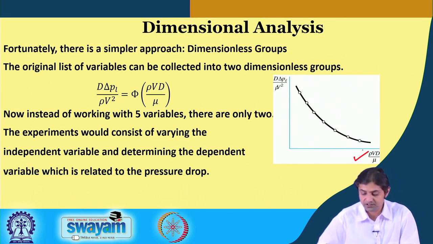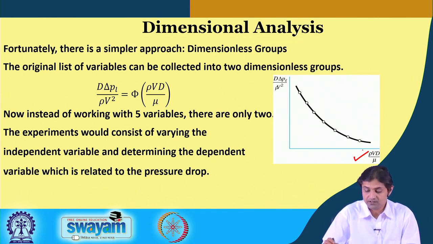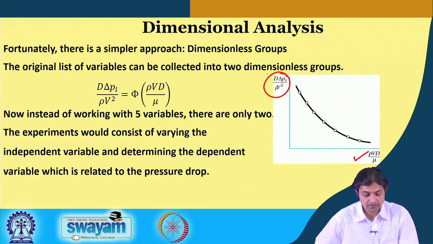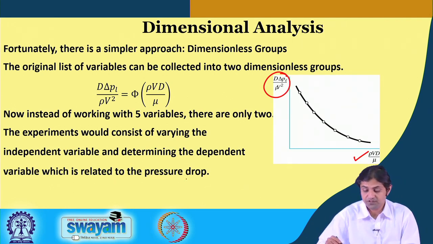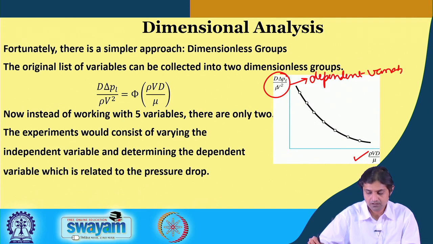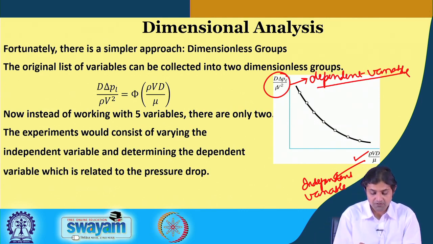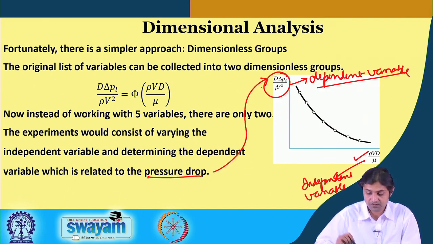So, we can vary this one, this is the independent variable, and we can determine the dependent variable here, which is related to the pressure drop. So, using results obtained in this experiment, we can determine the dependent variable, and our pressure drop is related to this dependent variable.